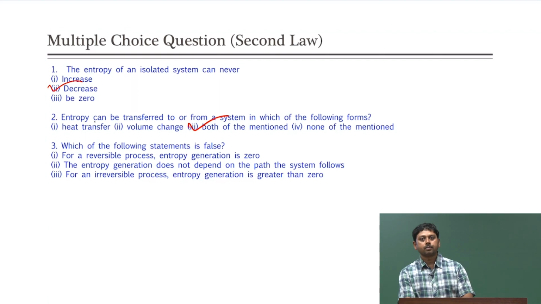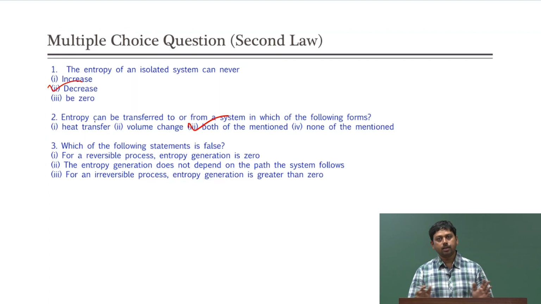For example, we talk about a Carnot cycle done in a reversible manner, and in the first step the entropy increases. So, it does not mean that the entropy generation will be 0, but however, we are talking here about the entropy of the universe.